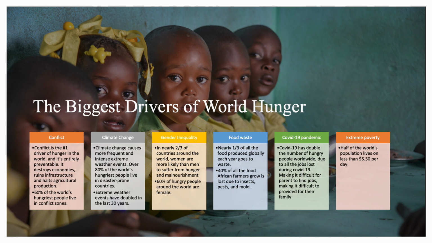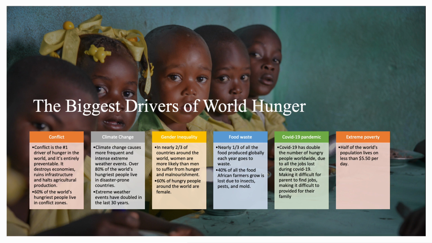Extreme poverty. Half of the world population lives on less than $5.50 per day.